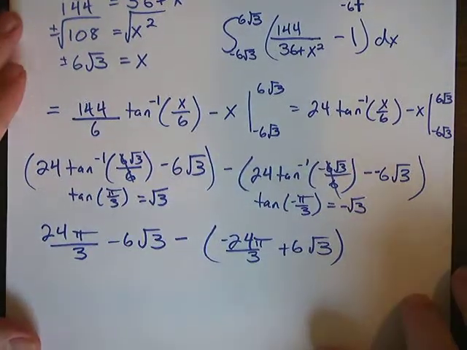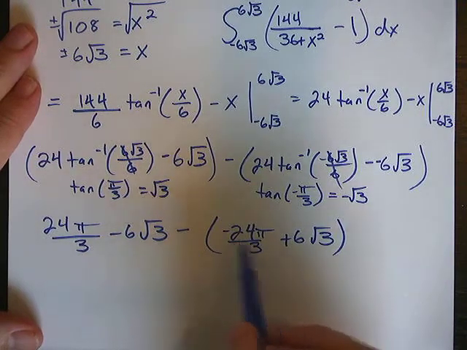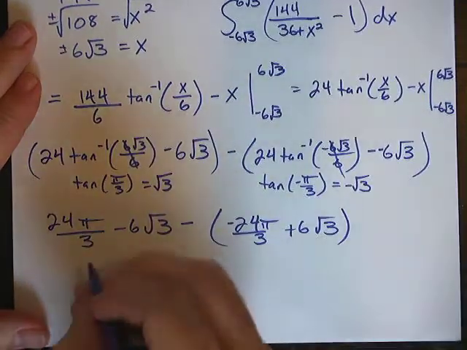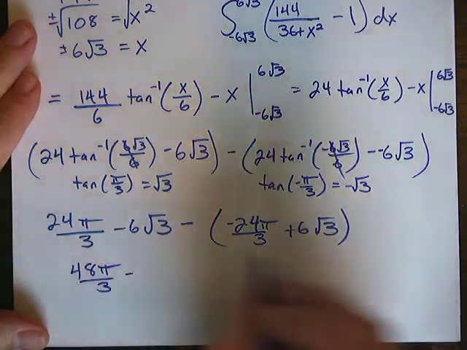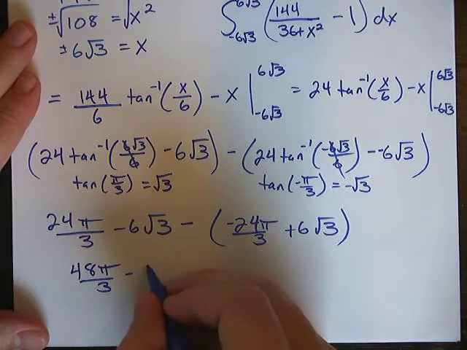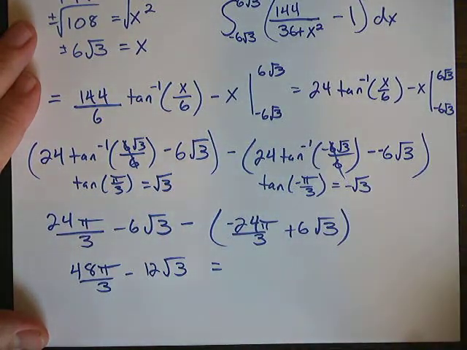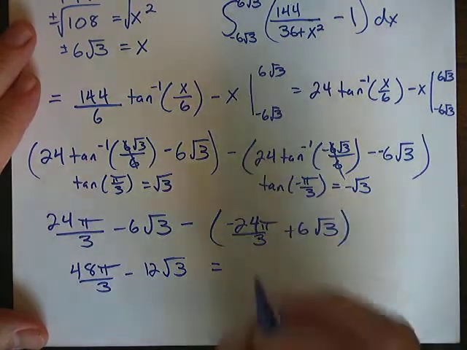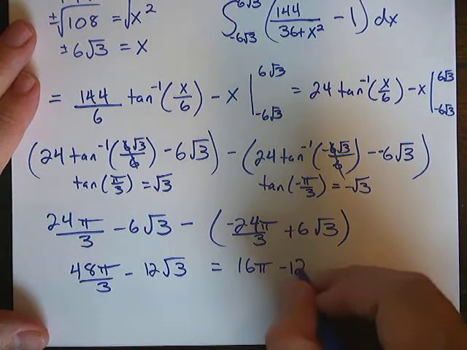Distribute that and you add them. And these two terms do not cancel out because when you distribute the negative, this becomes positive as well. So you end up getting 48 pi over 3 minus 12 root 3. We don't want to leave it as 48 over 3. That can be reduced. It looks like 16 pi minus 12 root 3.